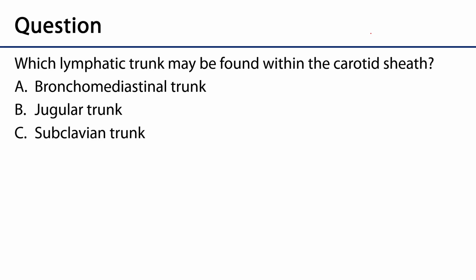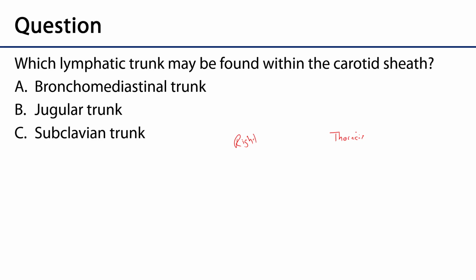Now let's think about the arrangement of lymphatics in the root of the neck. So we're going to have a right lymphatic duct on the right side and the thoracic duct on the left side.